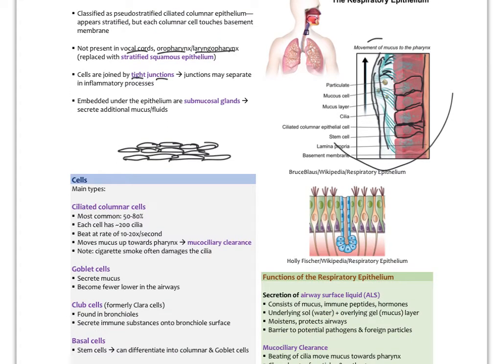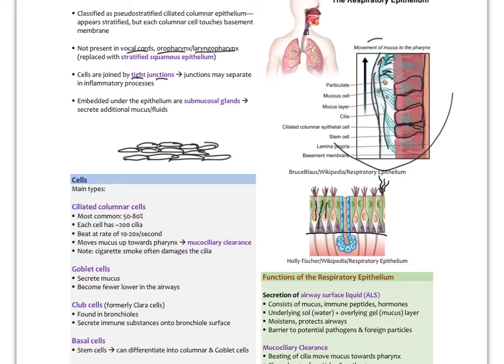If you look at the respiratory epithelium, here is the basement membrane, and here are the columnar cells with the little cilia on top. Cilia are like little hairs. They're actually made of protein, and they are able to wave. They have a motor activity, and again, that's what's going to create that washing movement on the mucosal surface.